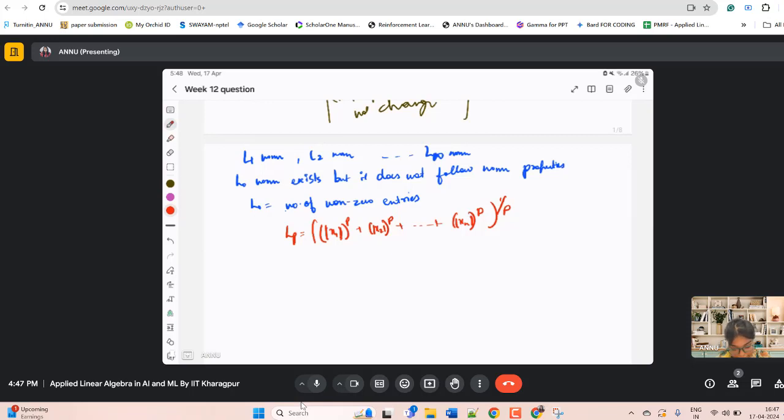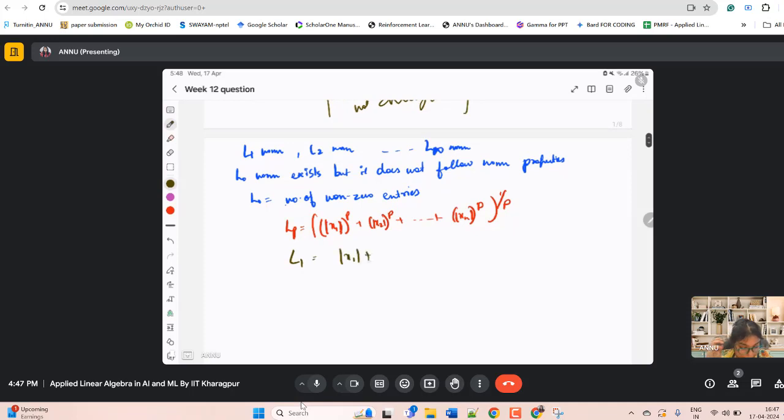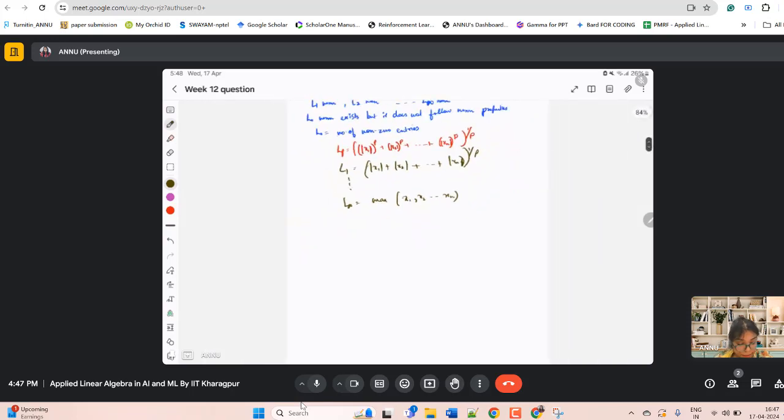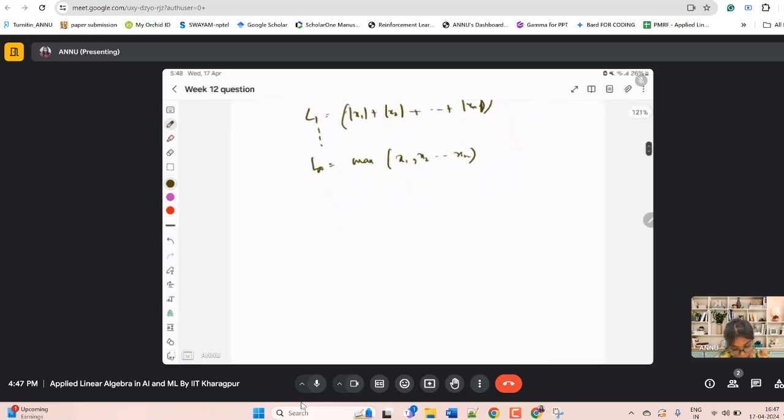So if I write L1 using this, x1 plus x2, so on, xn mod 1 by p. Similarly, L infinity is max of x1, x2, so on, xn. Okay, so in 2 dimension, if I plot using different colors, I will plot.